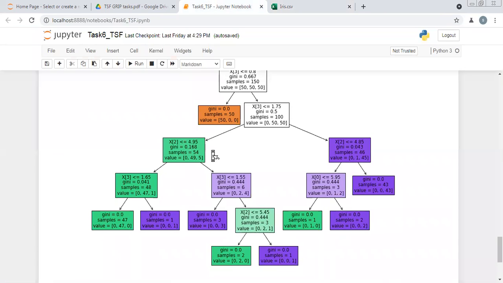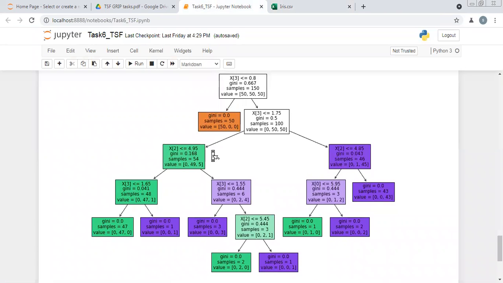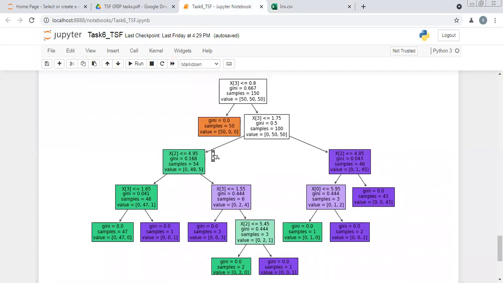Now, talking about the splitting criteria. There are many algorithms which are followed for plotting a decision tree, like CART, ID3, C4.5, MARS, and many more. We are going to use the CART algorithm here. CART stands for Classification and Regression Tree.